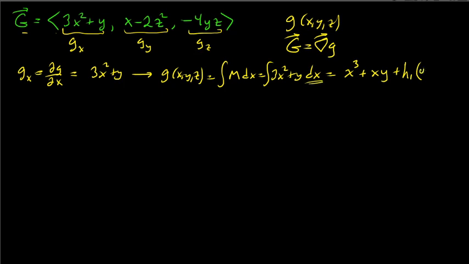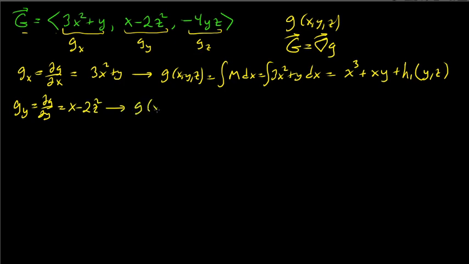So this could be any function of y or any function of z. Right? It could be some function of y and z. So h1 of y and z now, right? All right, now do the y partial, which was what? It was x minus 2z squared.